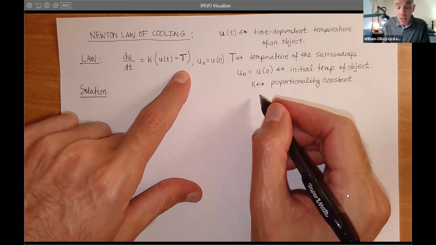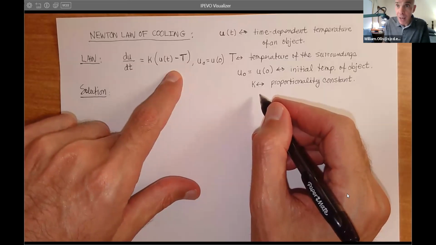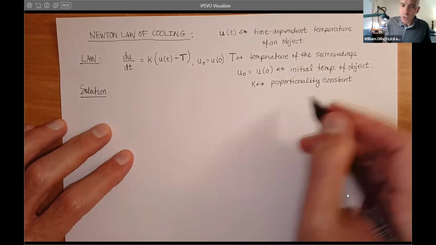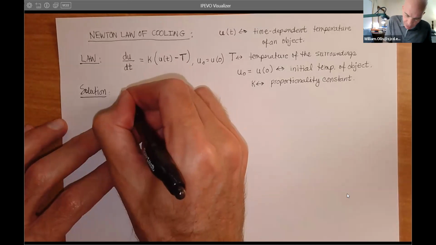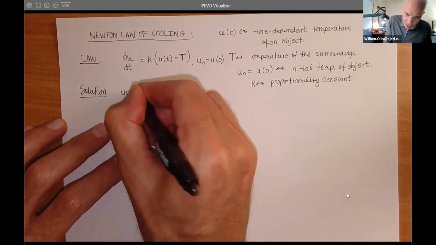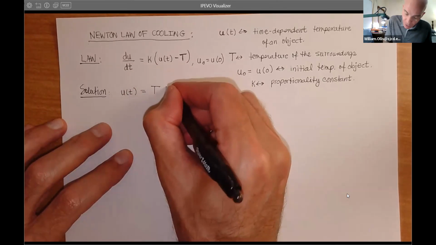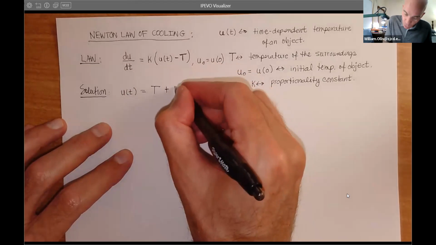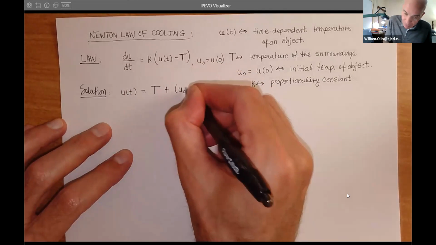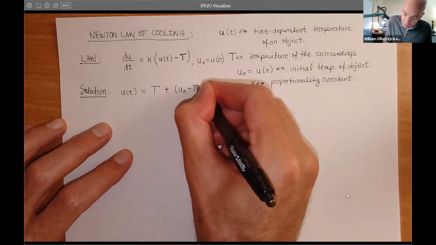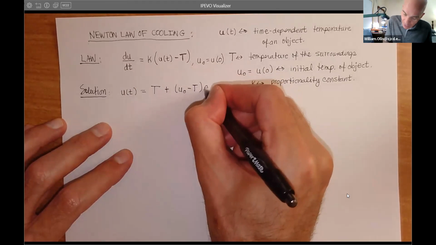If you think about it, we observe this every day in our lives. Now, what does the solution curve look like? Well, it looks like this, and this is not a surprise. This will be the temperature of the surroundings plus this exponential term, (u sub 0 minus T) e to the kt.